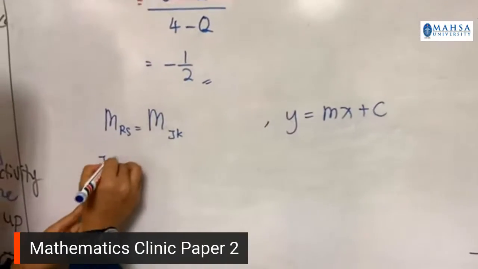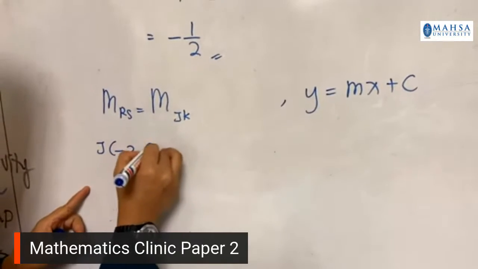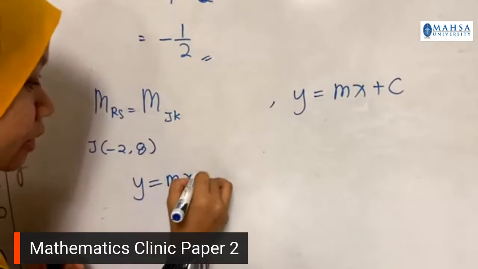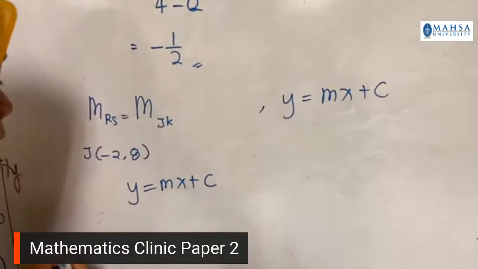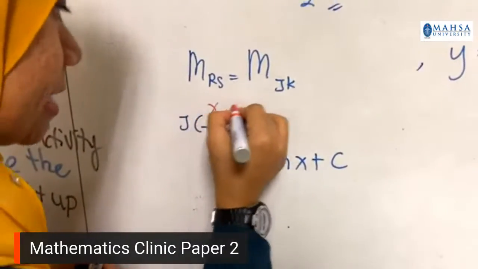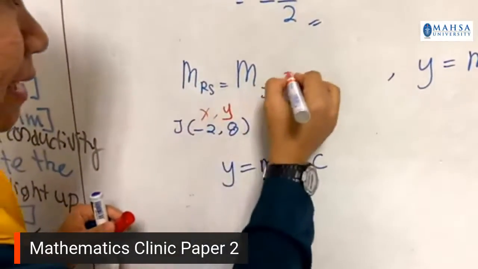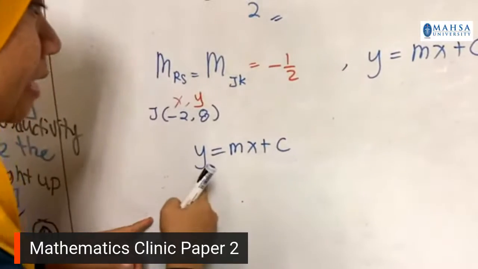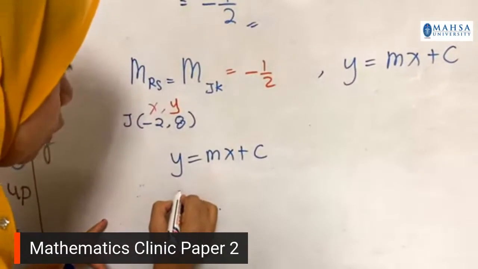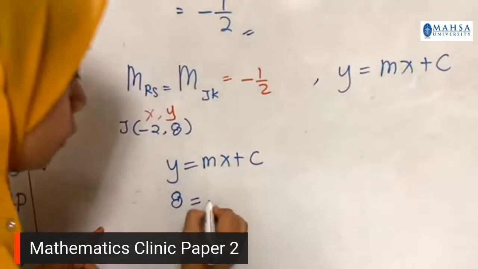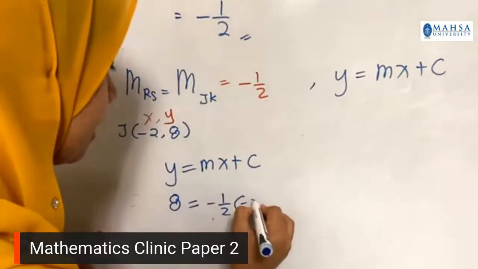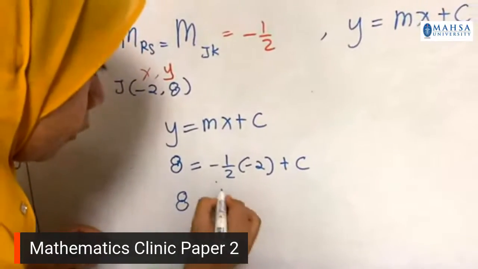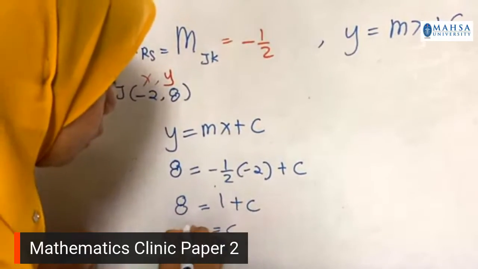Given the point of JK, which is negative 2 and 8, you use the basic formula of the straight line equation, y equals mx plus c. So y is equal to 8, m equal to negative 1 over 2, x equal to negative 2, and then plus c. So this will become 1 plus c, so c is equal to 7.